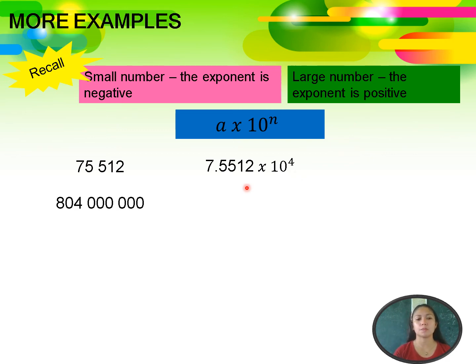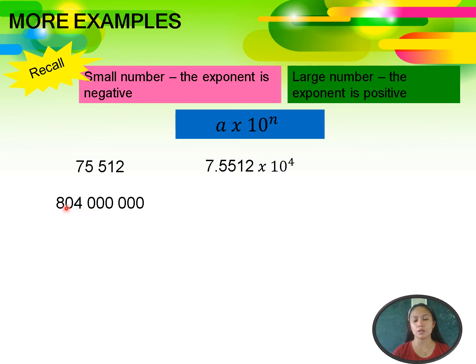Second example, 804 million. So we have here, we'll find ways that our first factor is greater than or equal to 1 but less than 10. So we have here the decimal point is understood here. Then we'll move to the left. 1, 2, 3, 4, 5, 6, 7, and 8.